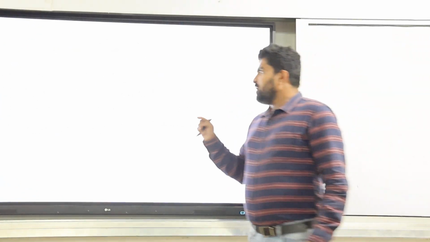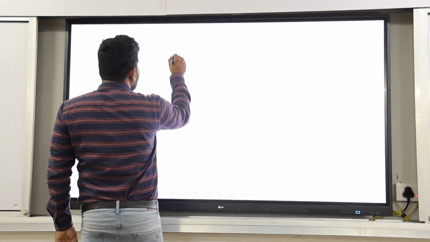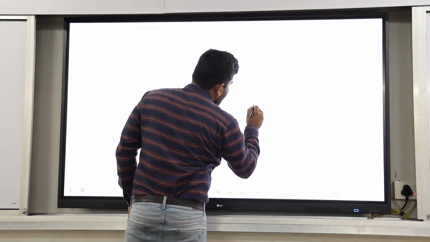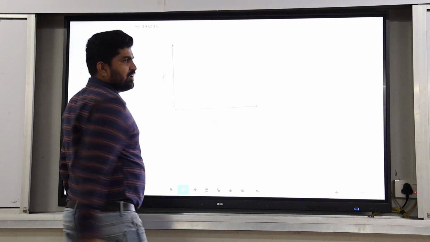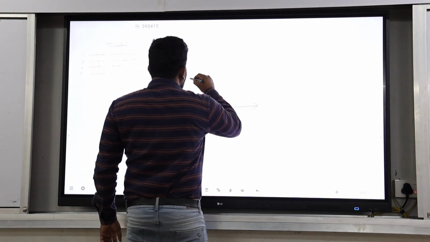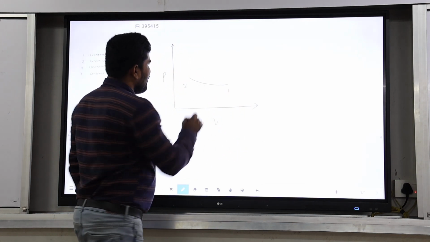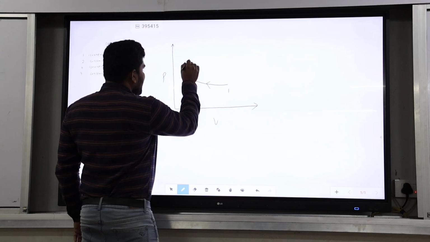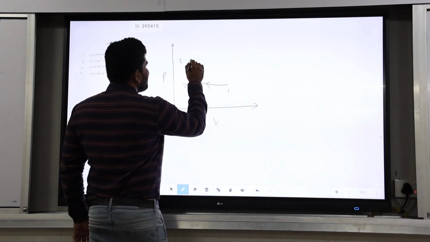Okay. So see how we are going to draw the PV and TS diagram for these four processes. Starting with the PV diagram, if you draw it, it is like that. The first process is isentropic compression. Second one is constant volume heat addition.